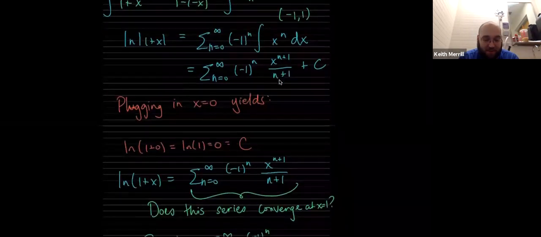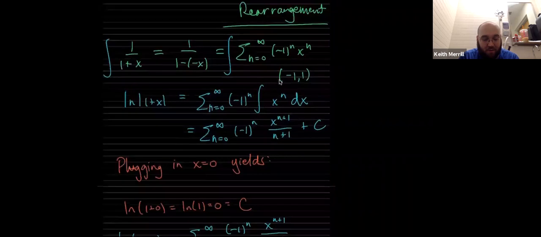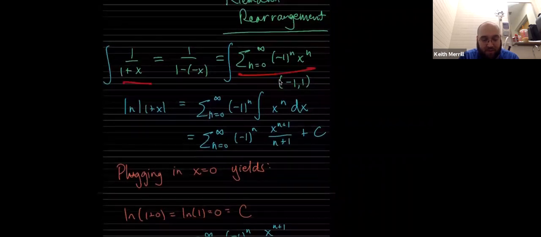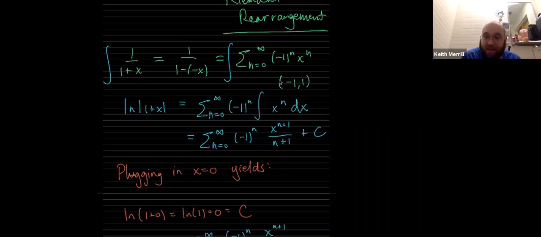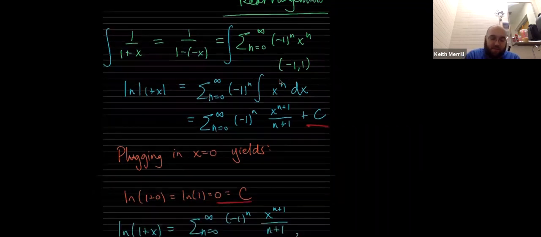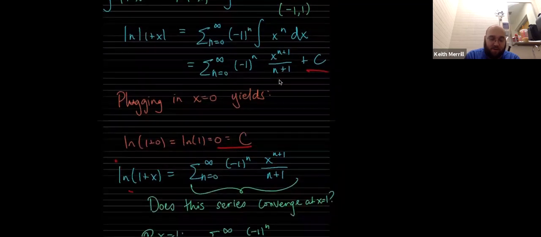So that's what happened. We wrote down where this function was represented by this series. We had this interval. We then took the integral of both sides. And again, the theorem says that that's okay, that works. We did get a constant c, which we needed to figure out what c was. So now we have an expression for log in this manner.